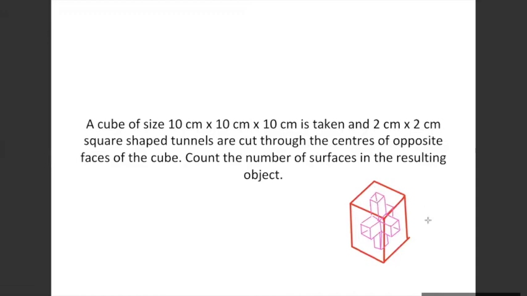So what you have to find is the number of surfaces in the resulting object. Initially the cube alone would have 6 faces. After the drilling of the tunnels, how many surfaces will be there in this new block?